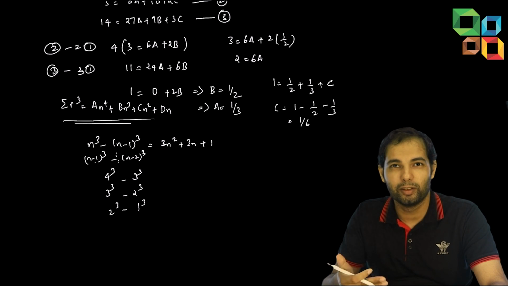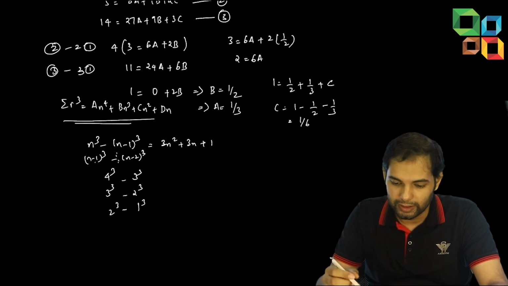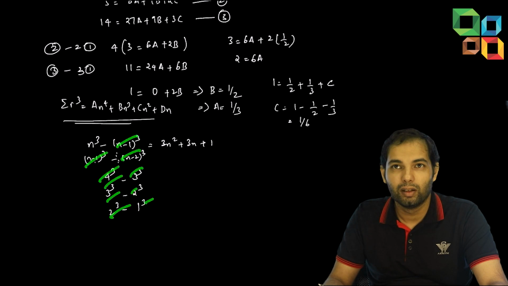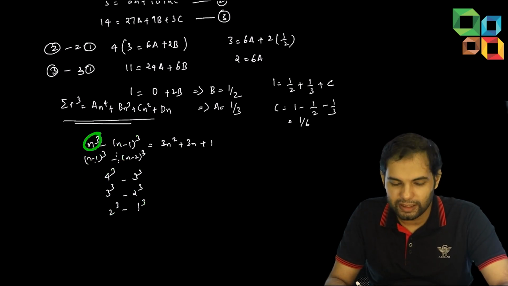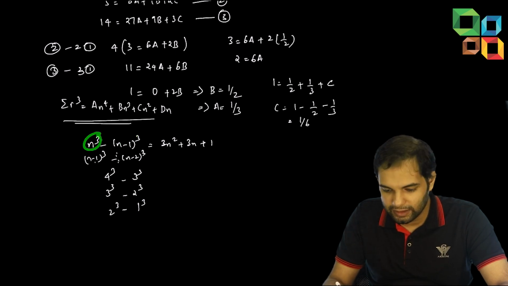You can complete the proof here, but I just wanted to give you a generic idea. Now, if I add all these, isn't it something like a telescopic series? And this side is a cubic equation. This side is a sum of a quadratic equation.